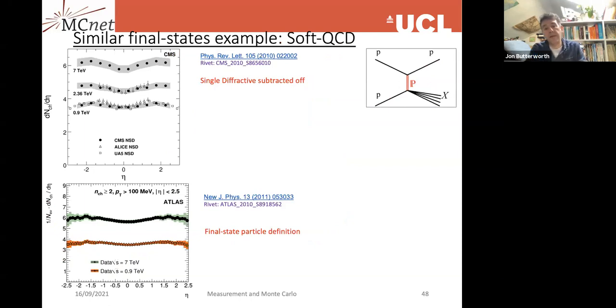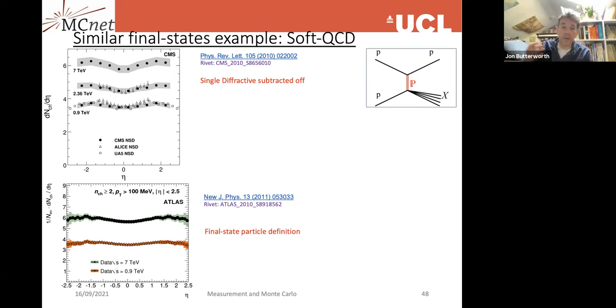And then with similar final states, soft QCD is probably the place where this becomes really horrible. If you're looking for diffractive events, for instance, and I mentioned this in the minimum bias definition, you have color singlet exchanges and non-diffractive exchanges, and in the end the only distinguishing feature between them is the distribution of final state particles in the detector.